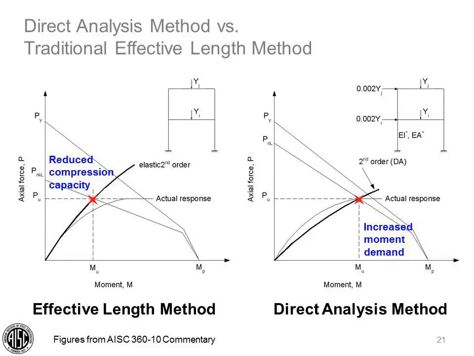Let's look at the effective length method on the left. The thinner curved line of the graph represents the actual response of the beam column element as the load is applied and increased. The heavier curved line represents our effective length method analysis. Note that the effective length method analysis underpredicts the actual moment at the strength limit state.